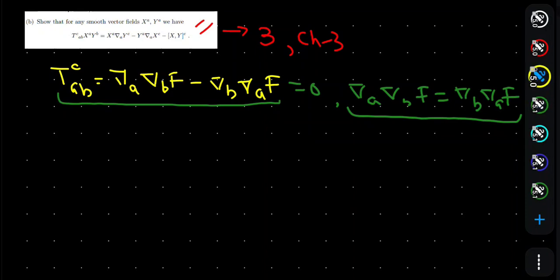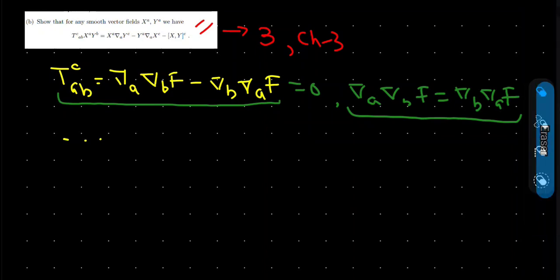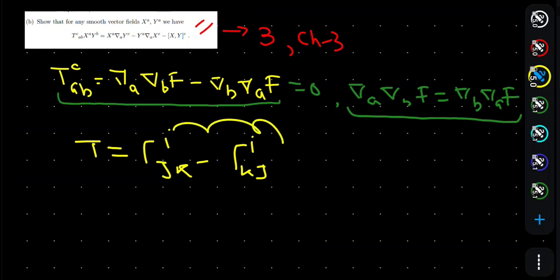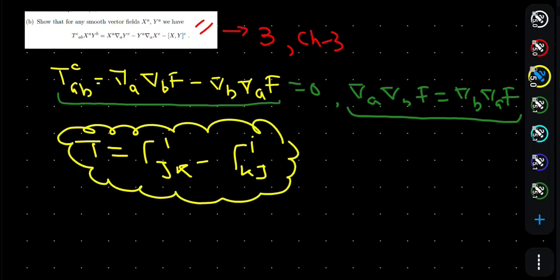What I mean is that the torsion tensor is defined in a similar fashion, as the difference of the Christoffel symbols. Suppose that we have the Christoffel symbol ijk, then the torsion tensor is ijk minus ikj. This is the meaning of the torsion tensor, and if it is equal to 0, we get that the Christoffel symbol is symmetric. Yes, it is symmetric.